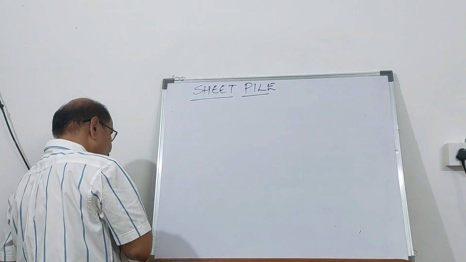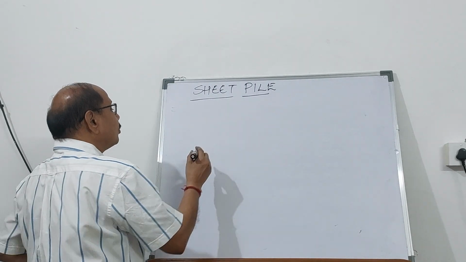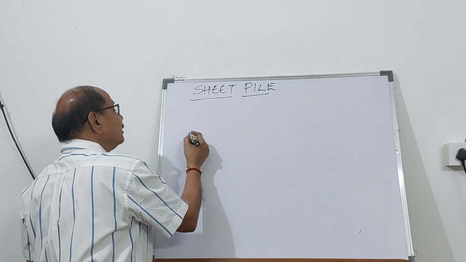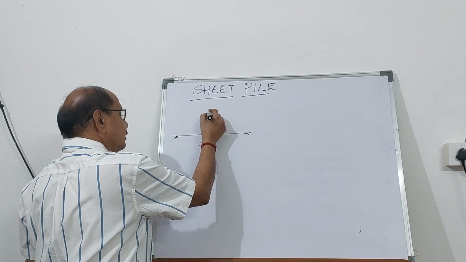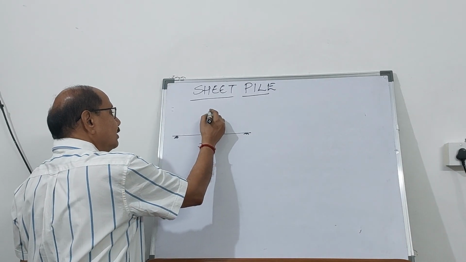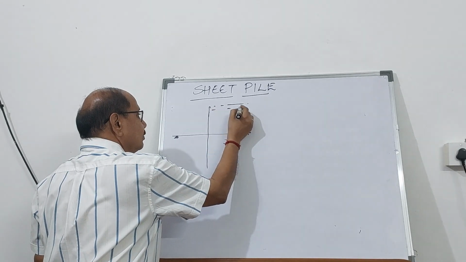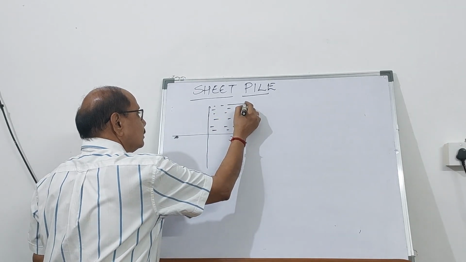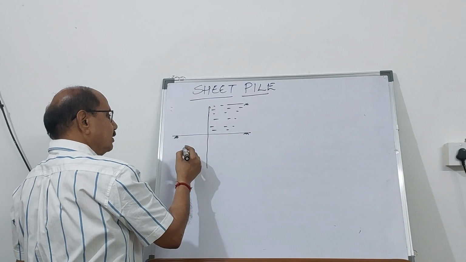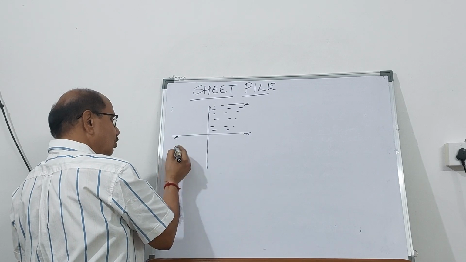So there are two types of sheet pile. One is, if it is a horizontal ground, you can directly drive it, and you can fill it with the backfill material here, and if you want to dredge it, you can dredge it and lower it.